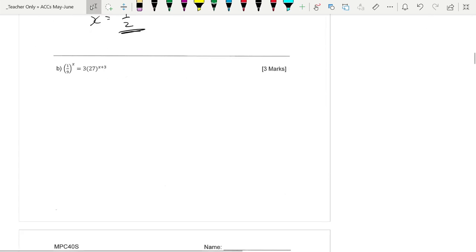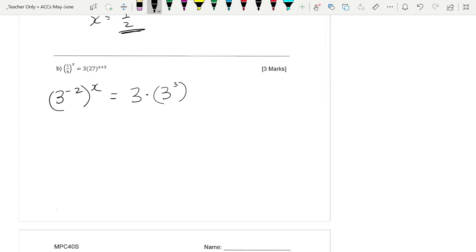All right, B. I'm going to change this: 1/9 is 3 to the negative 2. And on this side, I have 3 times 3 cubed to the x plus 3. There. My bases are all 3's. So now, on this side of the equation, let's make this one power. You take the power of a power, and that's negative 2x.